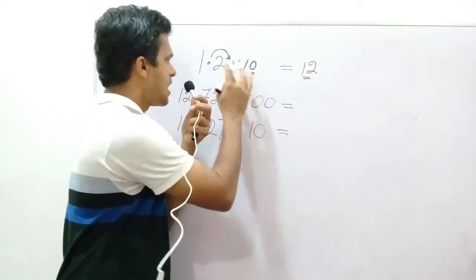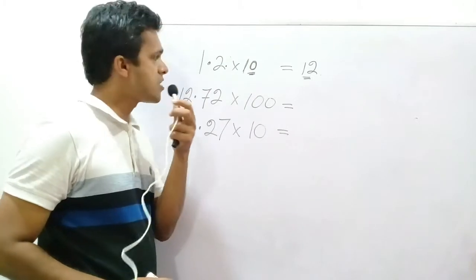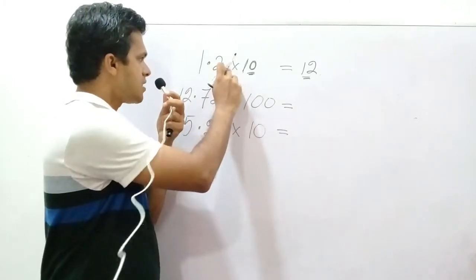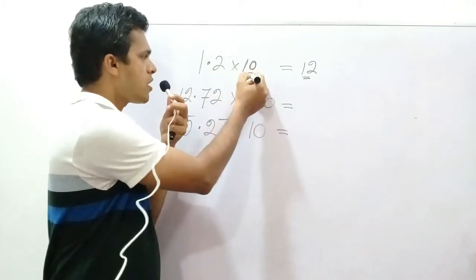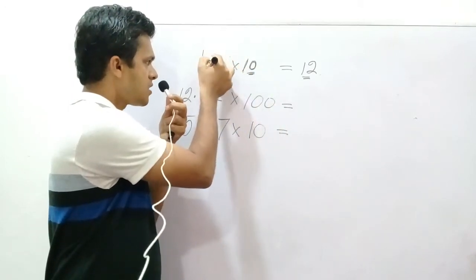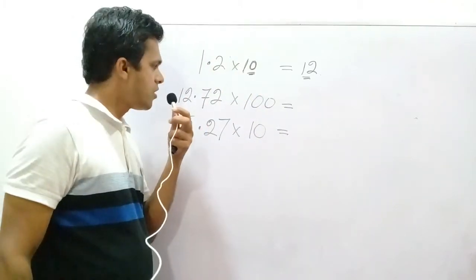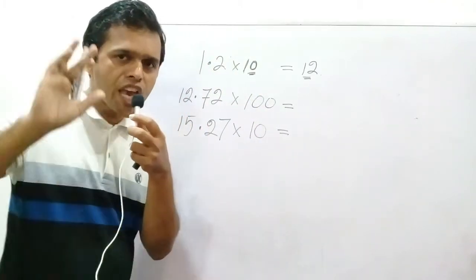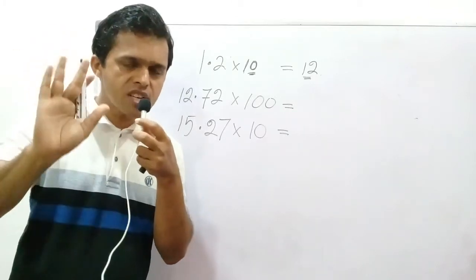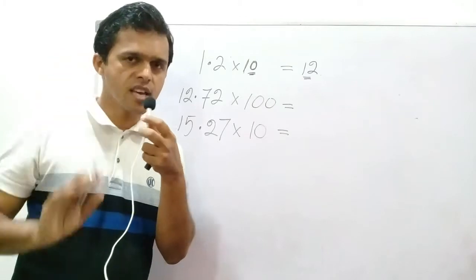That means the answer is 12. The reason is it's having 1 0 in 10, this decimal point comes to the right side. Now you think of when it is multiplied, every time the decimal point goes to the right side.